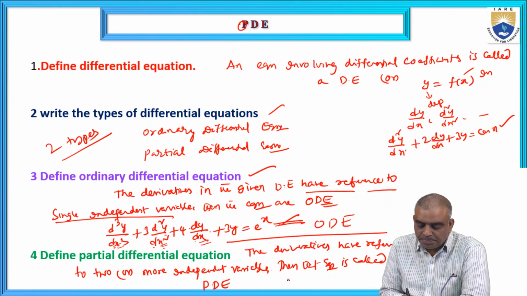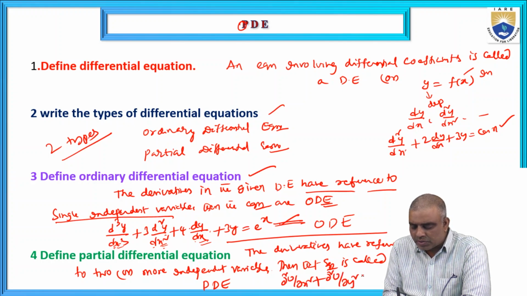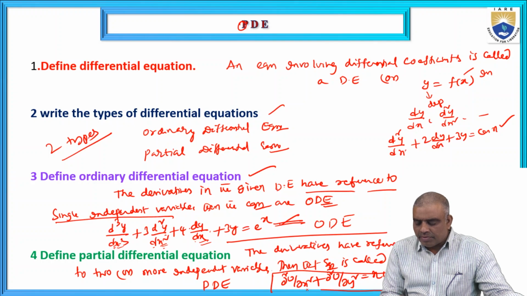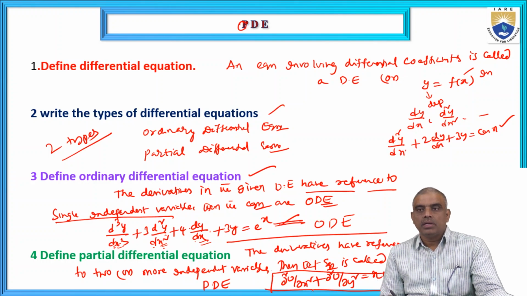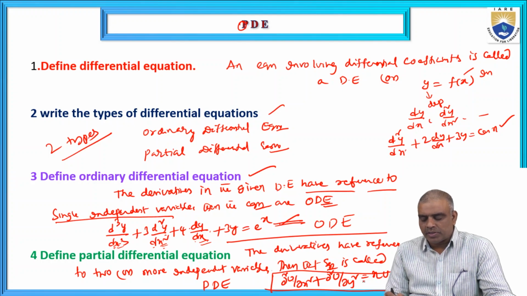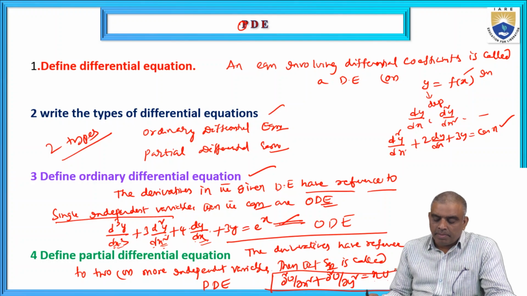For example, dou square u by dou x square plus dou square u by dou y square is equal to n into u. Clearly, it is also a differential equation because the derivatives exist in the given equation. This is the second order derivative of u with respect to x, and dou square u by dou y square is also a second order derivative with respect to y. On the right side n is a constant and u is a function of x comma y.